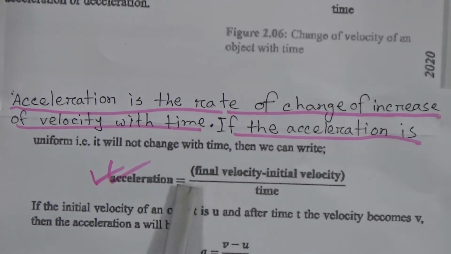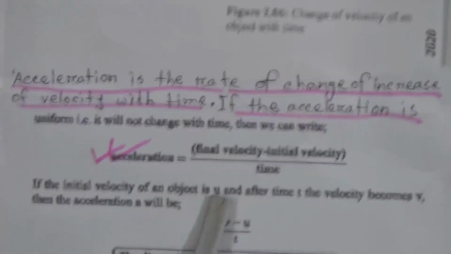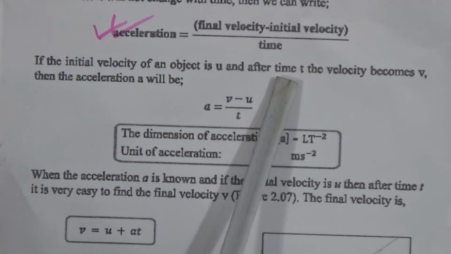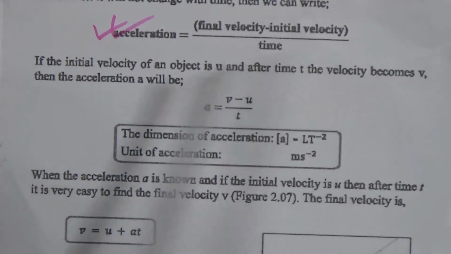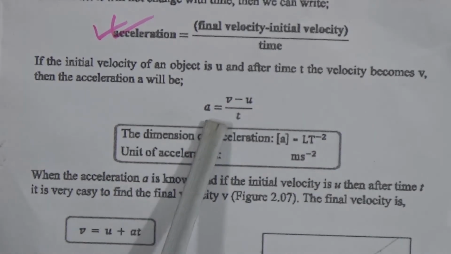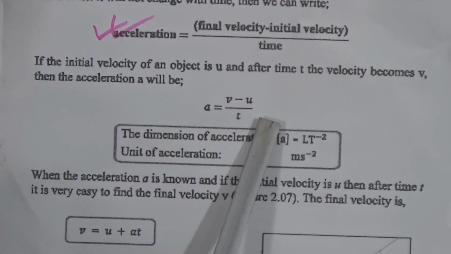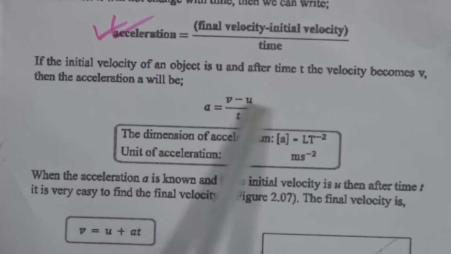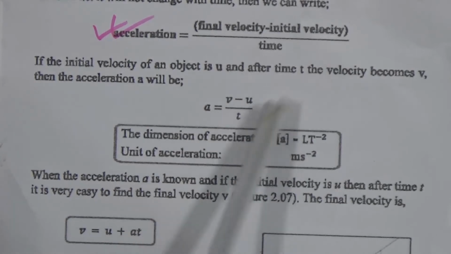If the initial velocity of an object is u, and after time t the velocity becomes v, then the acceleration will be a equals v minus u divided by t. This is the formula of acceleration: a = (v - u)/t.